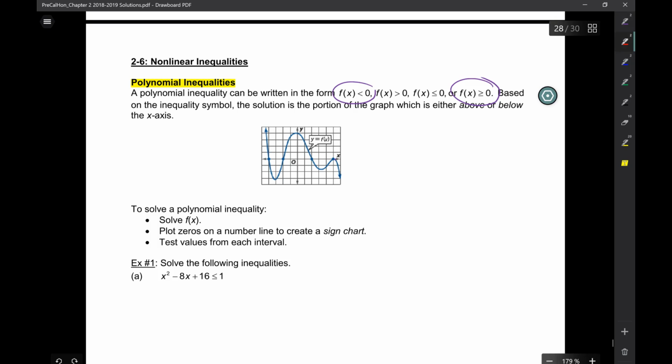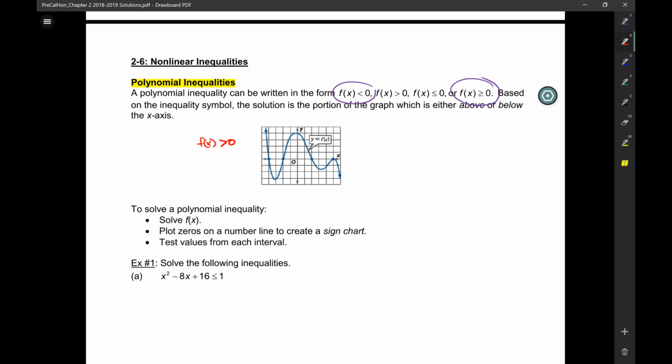If a graph is positive, so if I want to say f of x is greater than 0, if a function is positive, then it lies above the x-axis. If you think about it, the x-axis divides the region vertically into two regions. The part above are all your positive values of y.